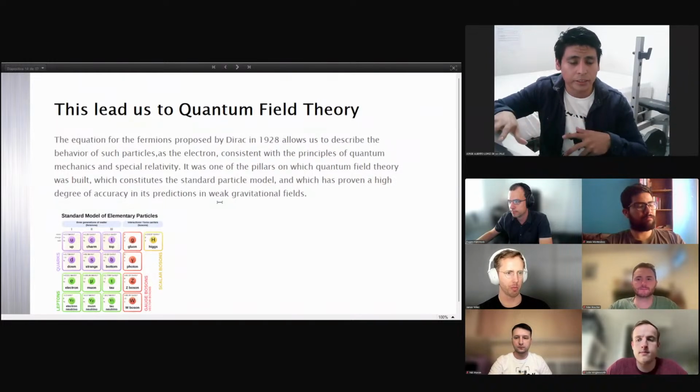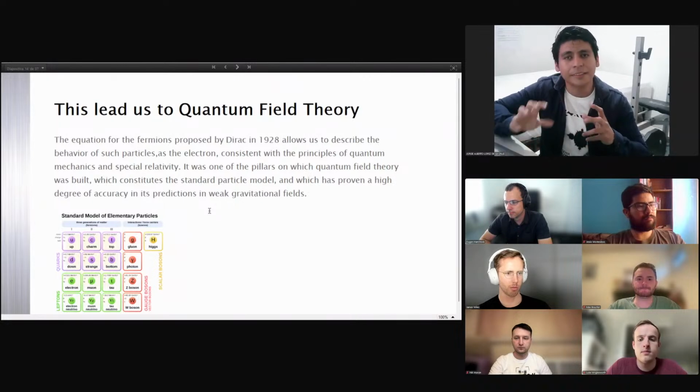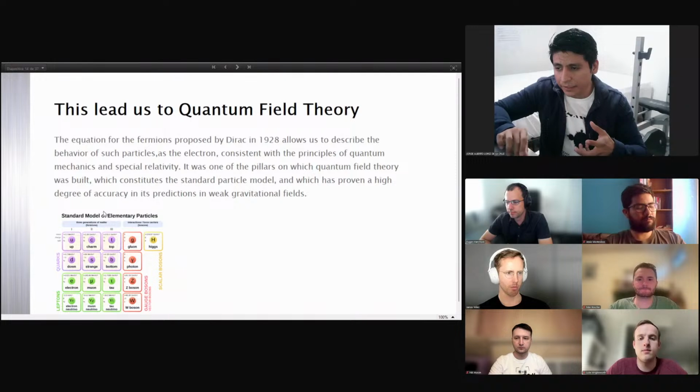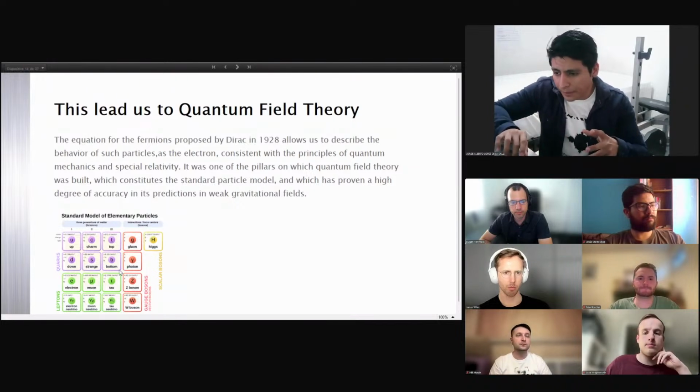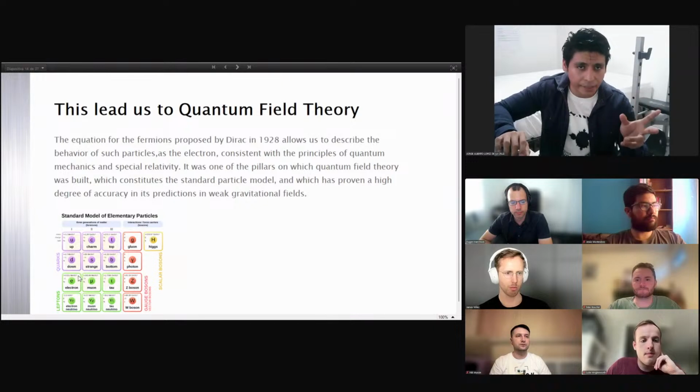Quantum field theory is the most successful theory in modern physics today, and this theory allows us to build the standard model of elementary particles, these blocks of reality, all right? The electron, the quarks, etc., the bosons.